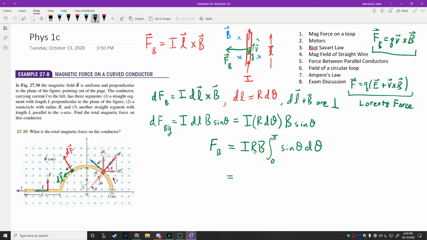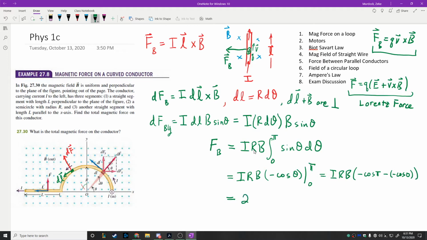So we perform the integral. Y'all can do it yourself if you want to. Integral of sine, I think, is negative cosine. So that'll be, maybe we can write it over here to save some space, I R B times negative cosine pi minus negative cos 0.